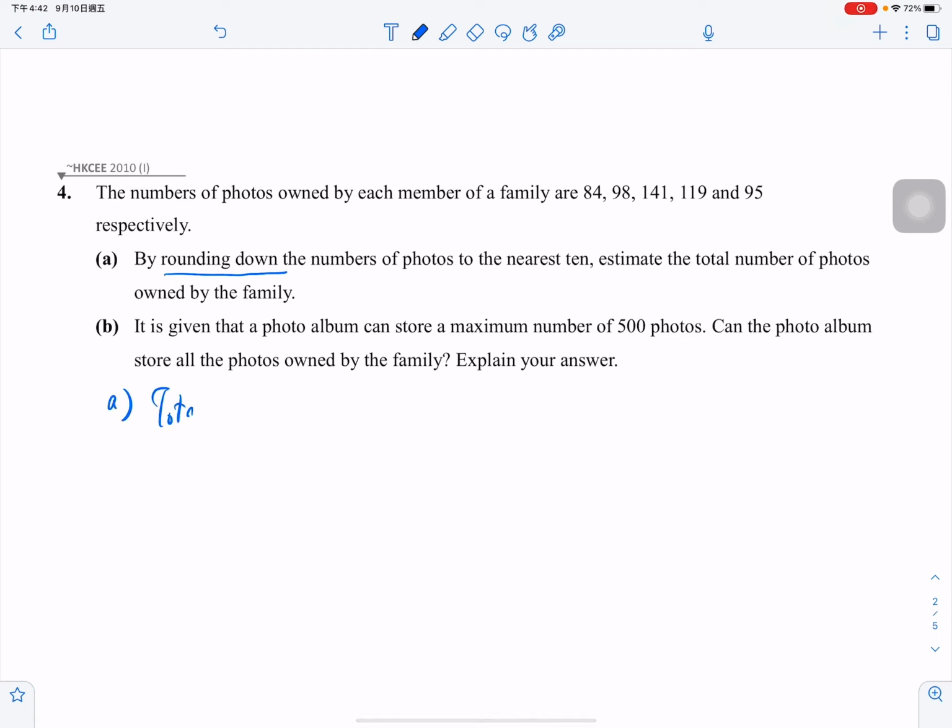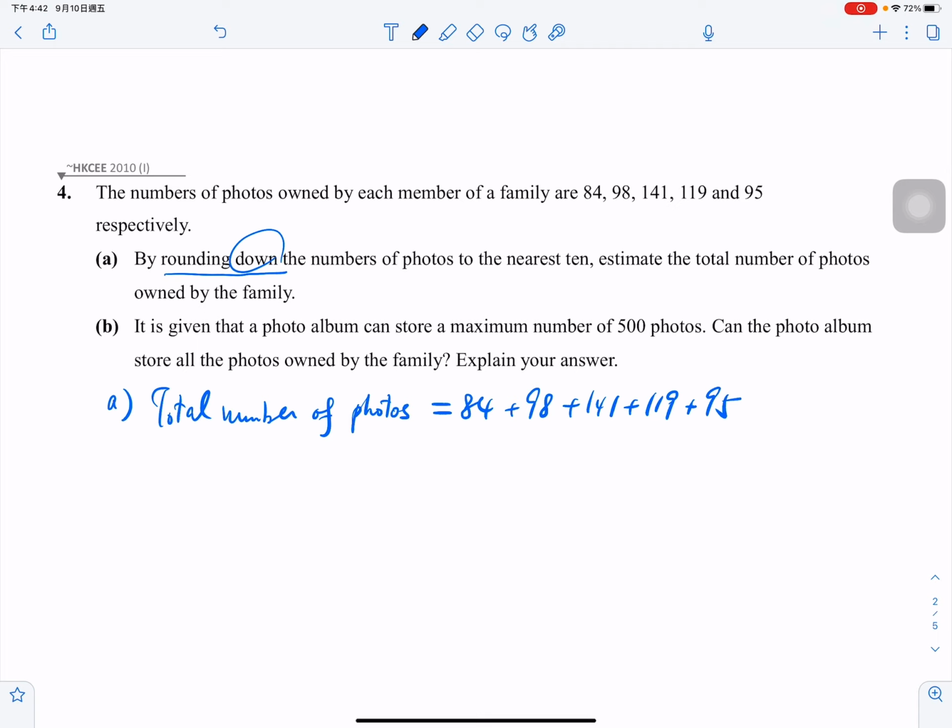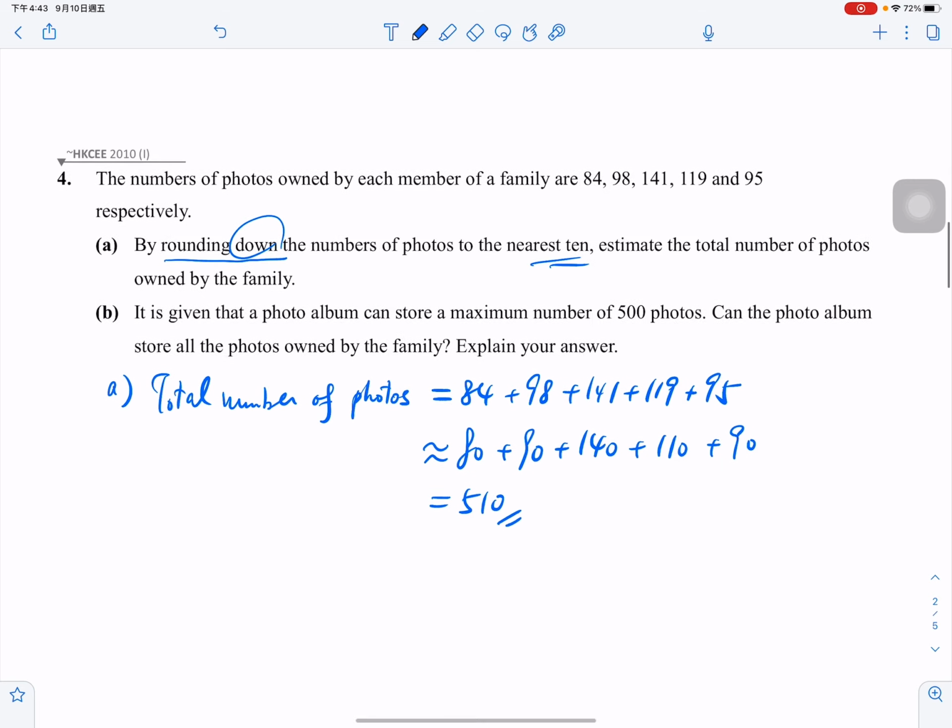So the total number of photos equals 84, 98, 141, 119, and 95. Rounding down to the nearest 10, this is 80, 90, 140, 110, and 90. Down means no need to add 1. At the end, 510. This is the answer.